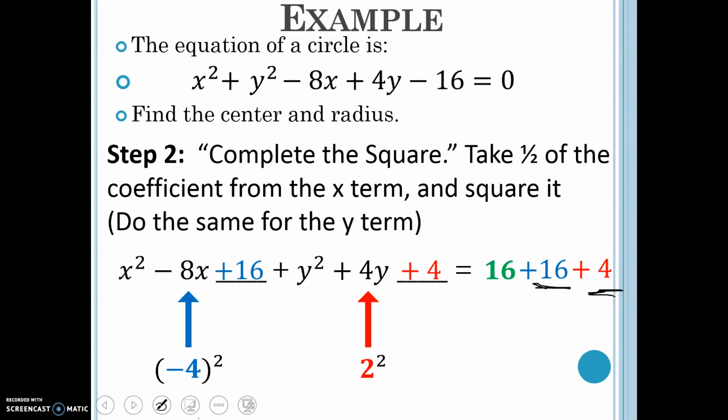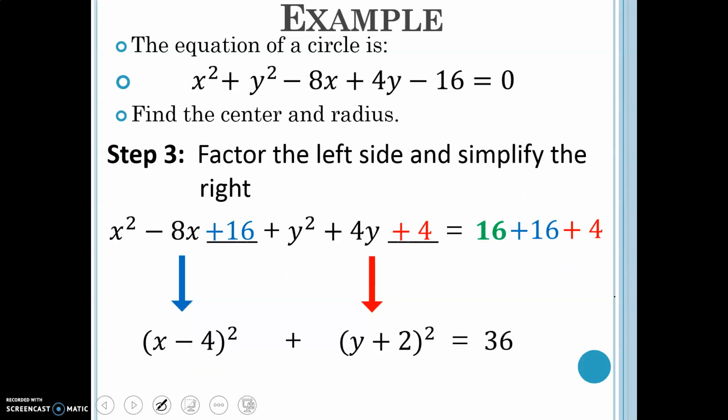All right, so now the purpose of this is to create two perfect square trinomial factors. So as you can see, once you take this equation here, you can now easily factor it to x minus 4 squared. So think of it like this.